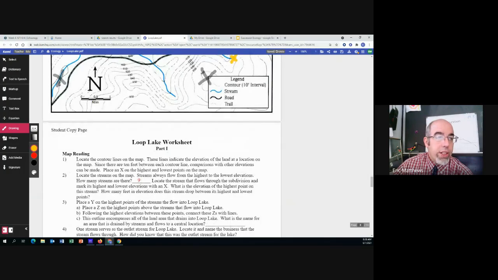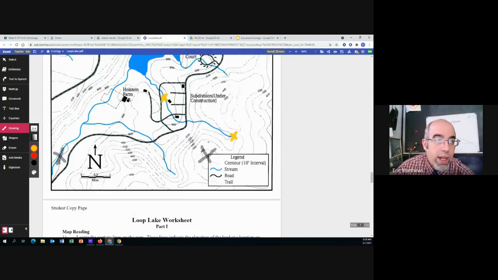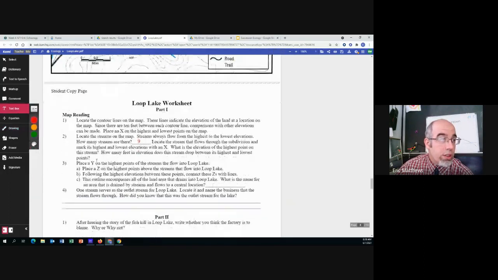What is the elevation of the high point of the stream and how many feet does it drop? All right, so if we take a look, you can see that this line comes through this contour line, which is 930, all the way down here to this one, which is 880. 880 to 930 is a 50-foot difference.